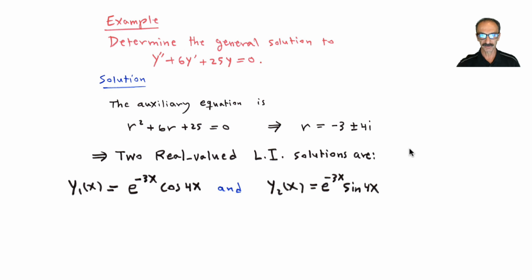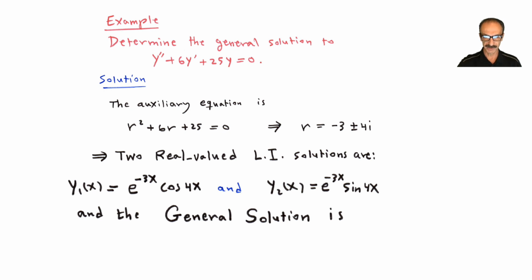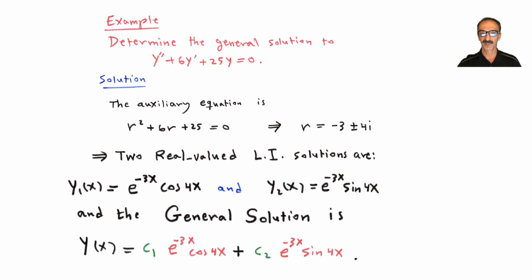For the general solution, you want to write them together with a linear combination. Here we go. The general solution is, that's it. You just write this right here, write this right here with C1, C2, linear combination, and that should do it. Hopefully this is clear.